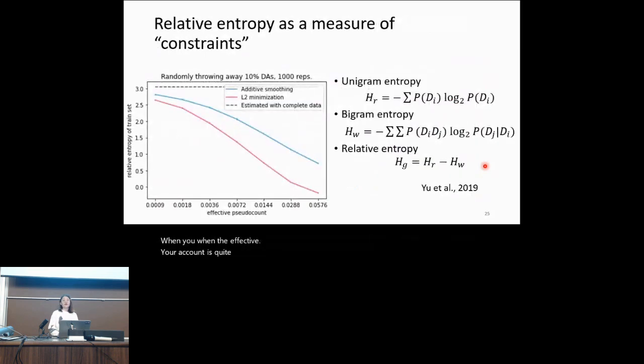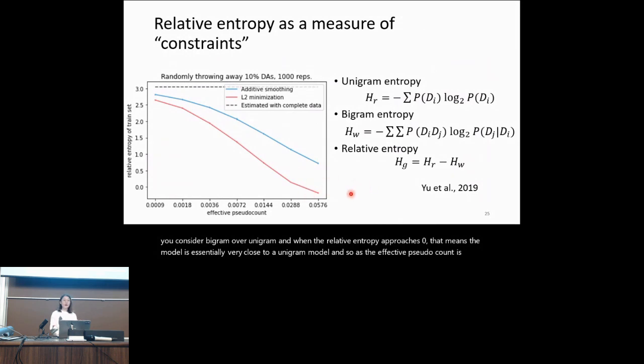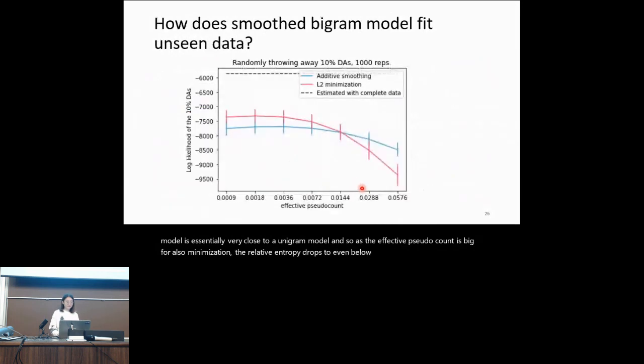And then we also consider relative entropy as a measure of constraints, and this is essentially telling you how much information gain you have when you consider bigram over unigram. And when the relative entropy approaches zero, that means the model is essentially very close to a unigram model. And so as the effective pseudocount is big for L2 minimization, the relative entropy drops to even below zero.